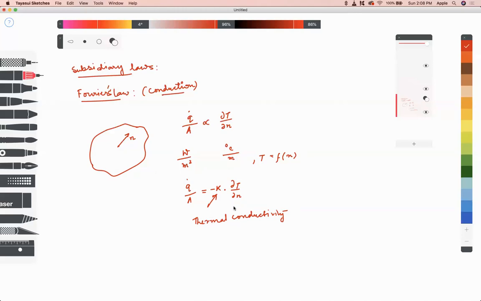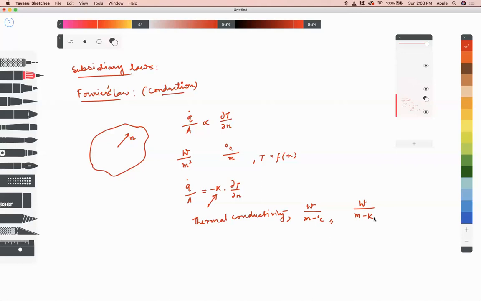So if we just do a little bit of calculation, we will come to know that thermal conductivity is watt per meter per degree Celsius. You can also write it as watt per meter per Kelvin, because change in temperature is the same in degree Celsius or Kelvin. So this is what we have with respect to Fourier's law.